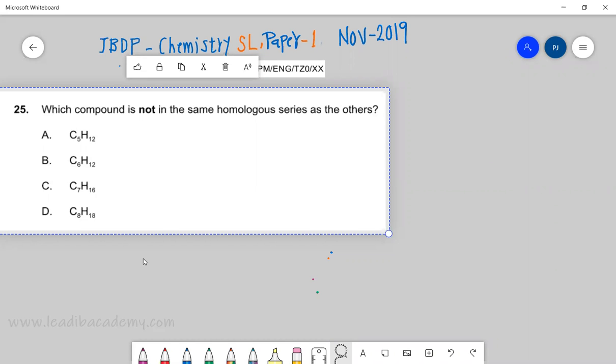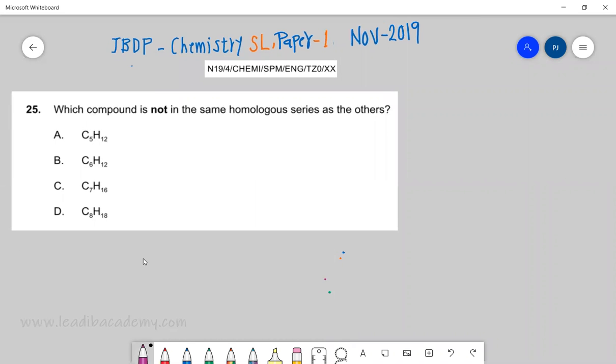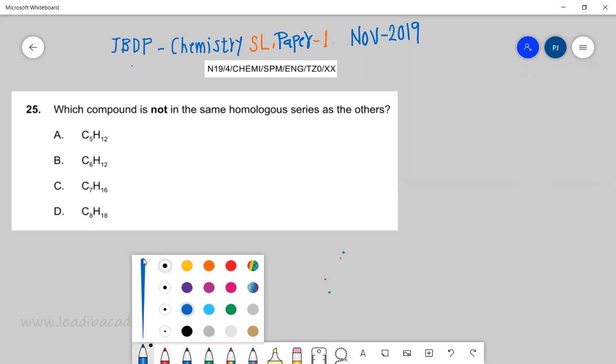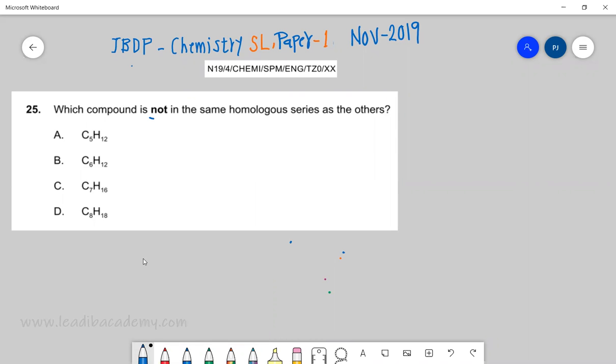Question number 25, which compound is not in the same homologous series? Importantly, they're asking which one is not. So what is meant by a homologous series? Typically, carbon and hydrogen compounds, or for that matter any organic compounds, which differ from the next or adjacent one by CH2. So let's look into this. What is the difference in this?